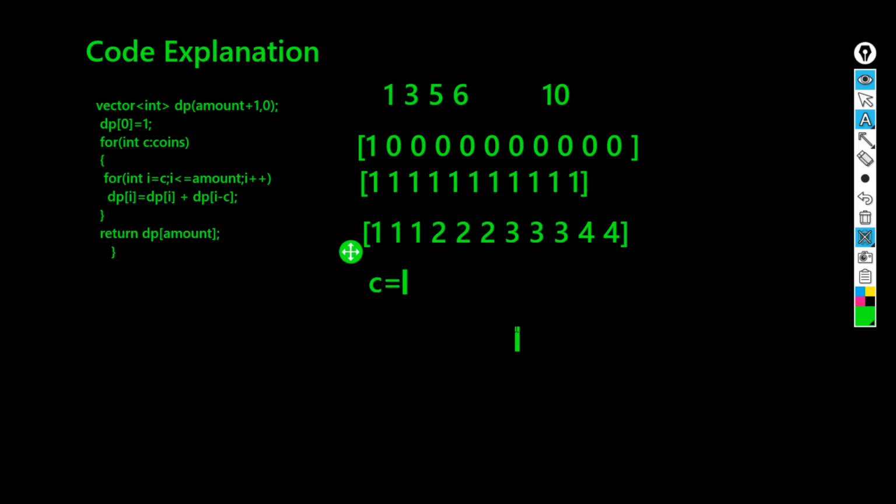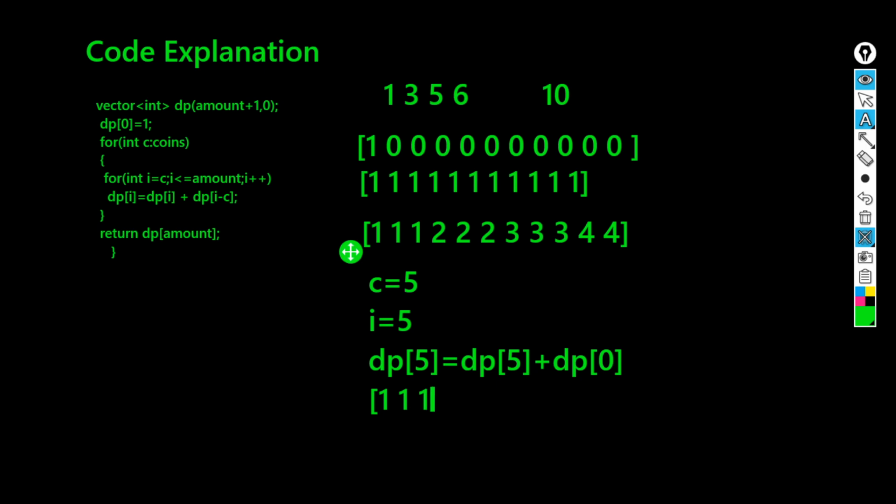So again we will consider c equals to 5, and i is also equal to 5. Now dp's fifth index equals dp's fifth index plus dp's zero index. Now we will consider the array, it will be 1 1 2 2.